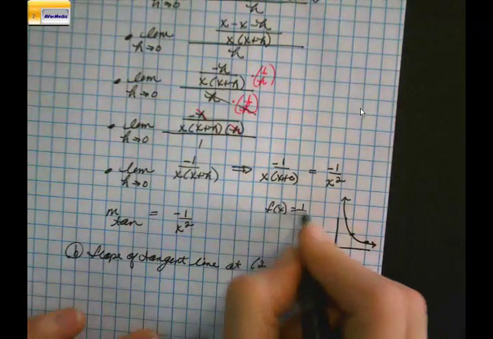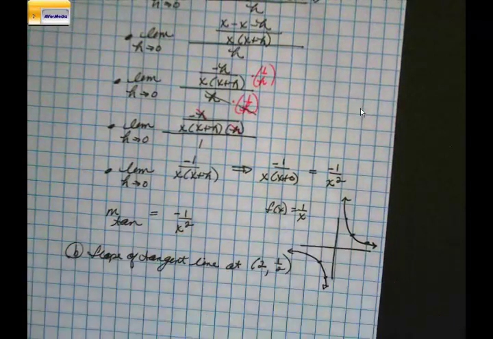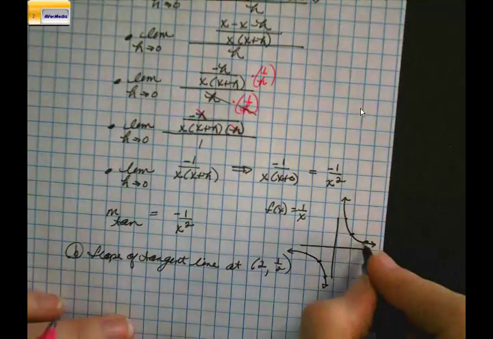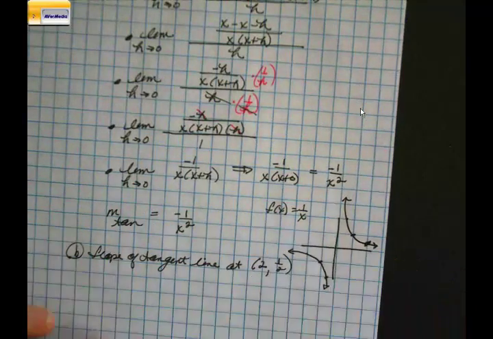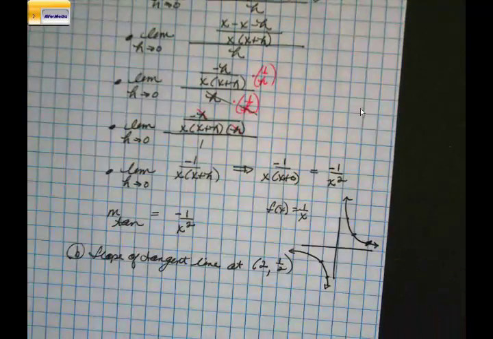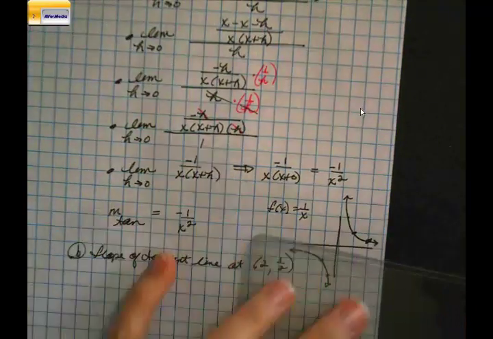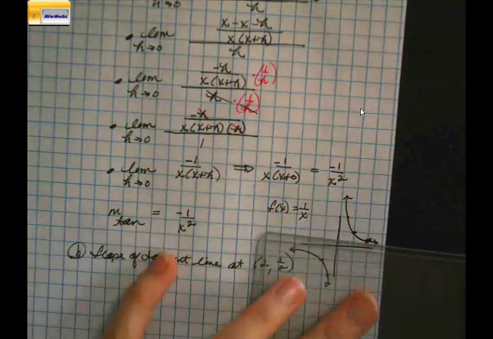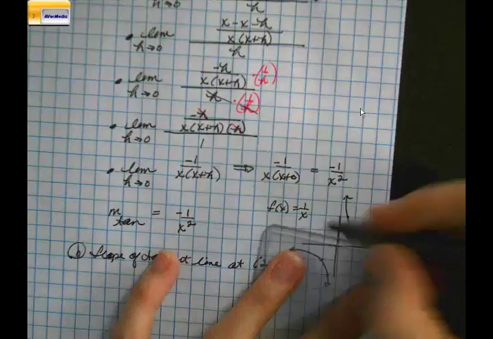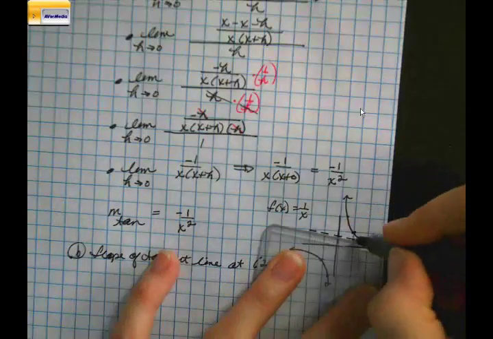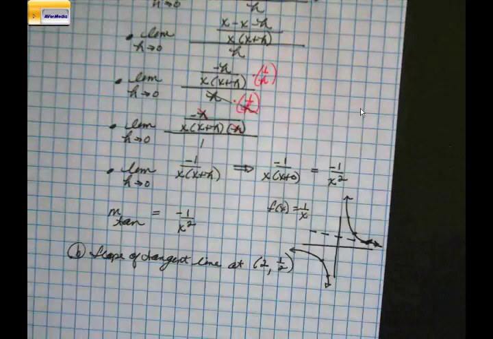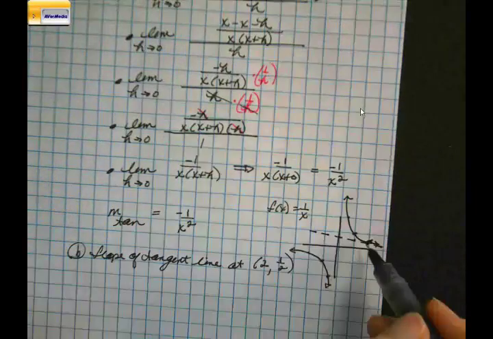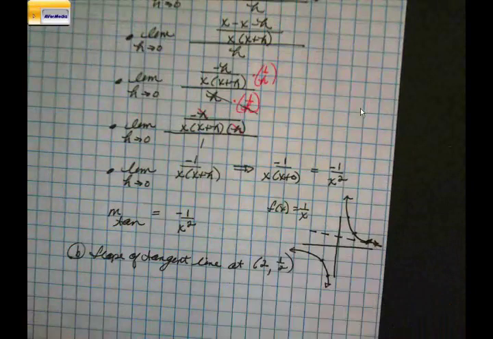Your original function was f of x equaling 1 over x, and there it is. So now we're saying, what is the slope of the tangent line to the curve at the point 2, 1/2, which is this point right here? What is the slope of the curve at that point, or the slope of the tangent line to the curve at that point? So you're looking for the slope pretty much of this line, of that dashed line, to that point right there on the curve, 2, 1/2.